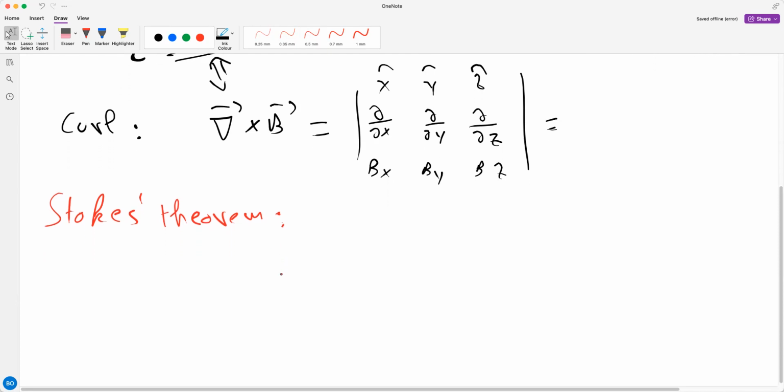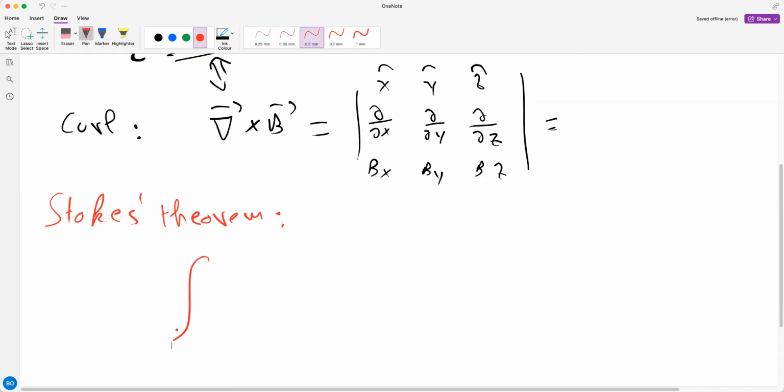So the Stokes theorem is the following. It converts the surface integral of the curl of a vector over an open surface into a line integral of the vector along the contour C that bounds the surface.